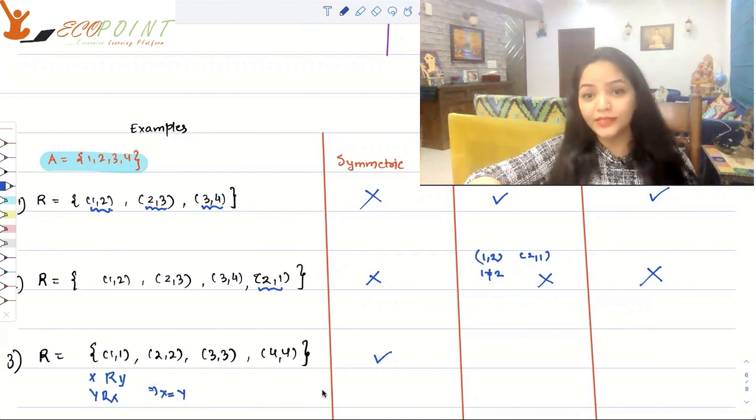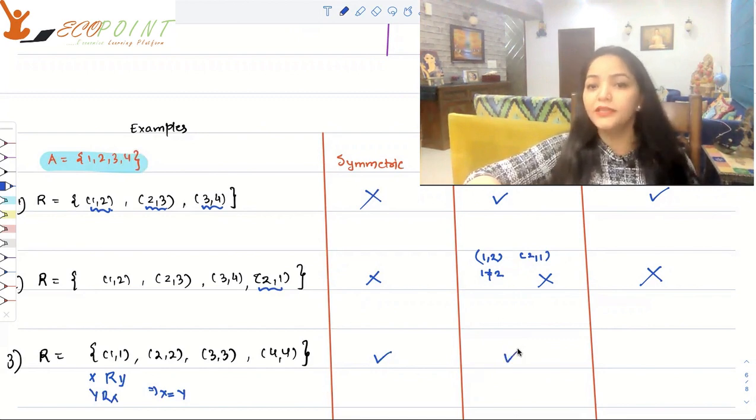It's only happening when x is equal to y. So it is antisymmetric as well. But is it asymmetric? No, it's not asymmetric at all, because (1, 1) and (1, 1) could be taken as the opposite pair as well. So x R y and y R x both are happening.